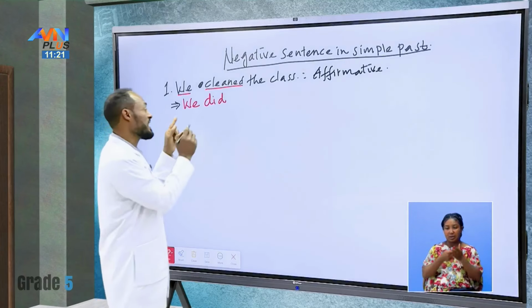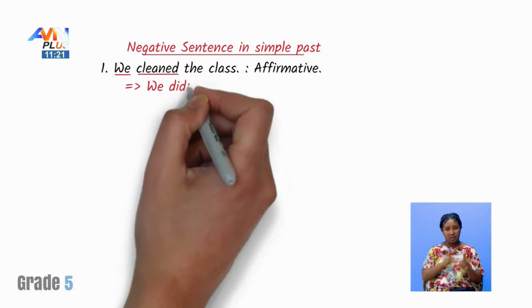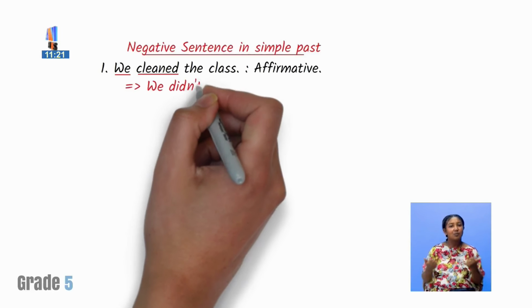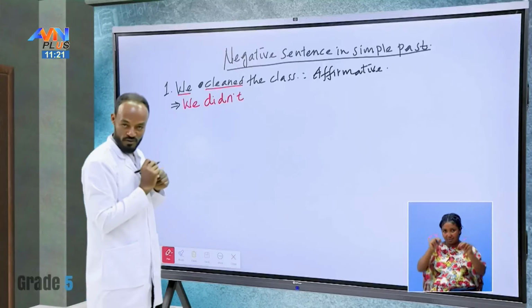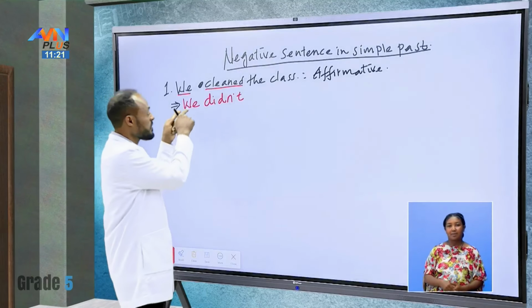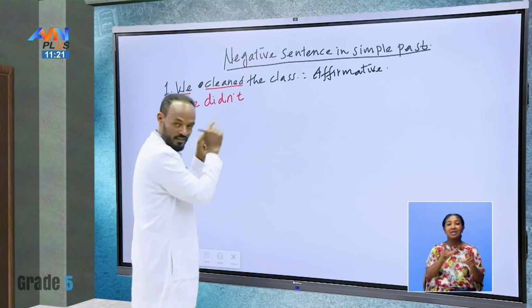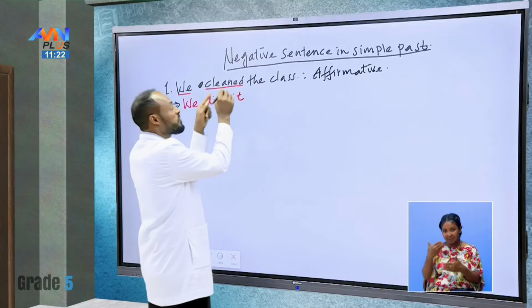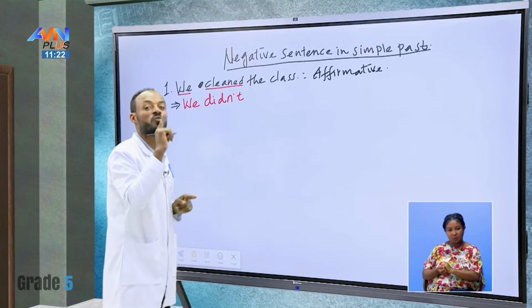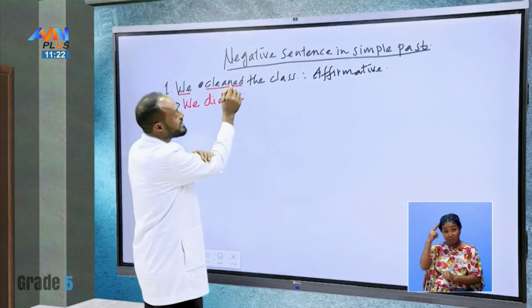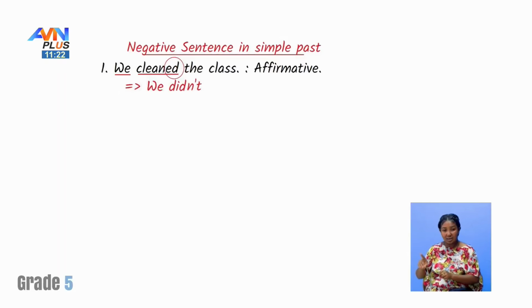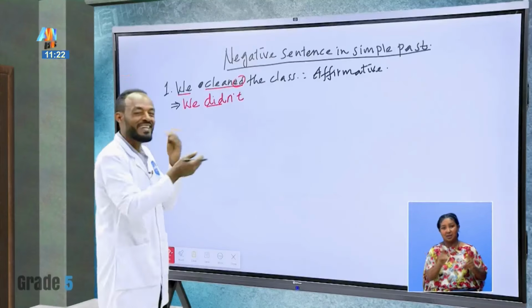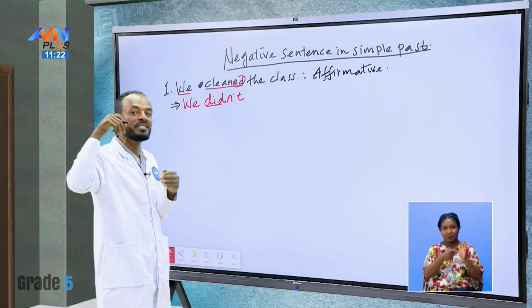Clear? Then we did, which was the negative? Not. Is it clear? So we did not. Then we have to change this one into verb one, because we took ed here into did. It's changed into did to show what happened in the past.